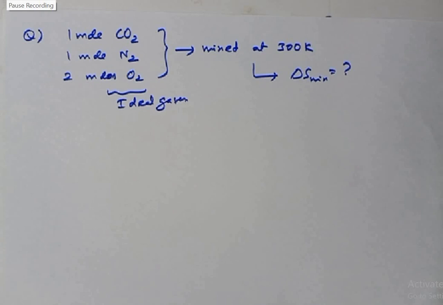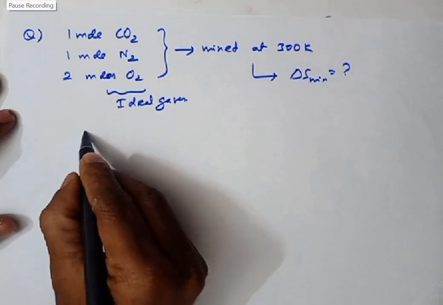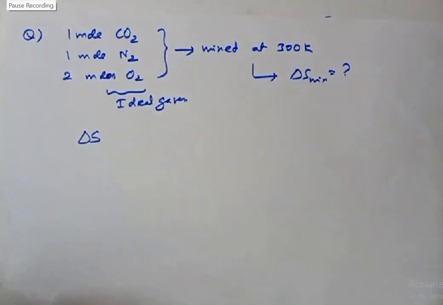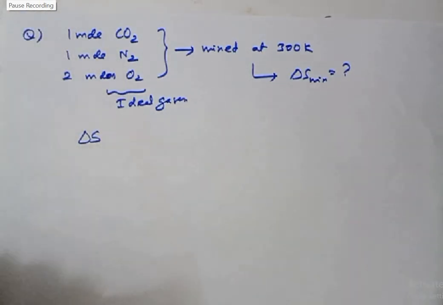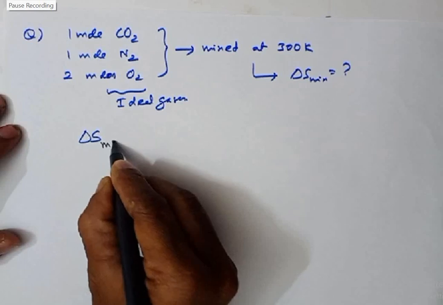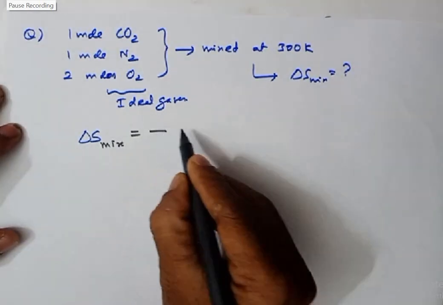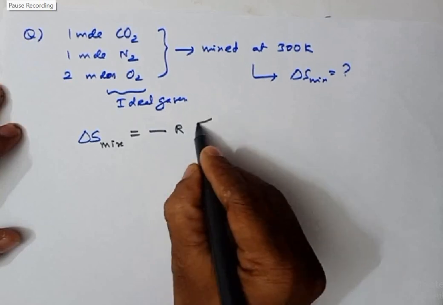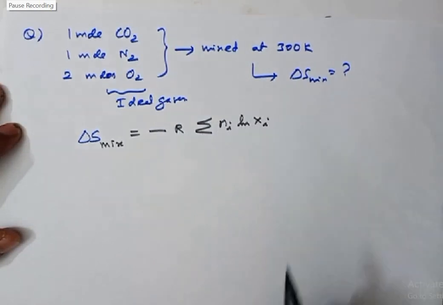Since they are ideal gases, we can use the general formula delta S mixing equal to minus R into summation Ni ln Xi.